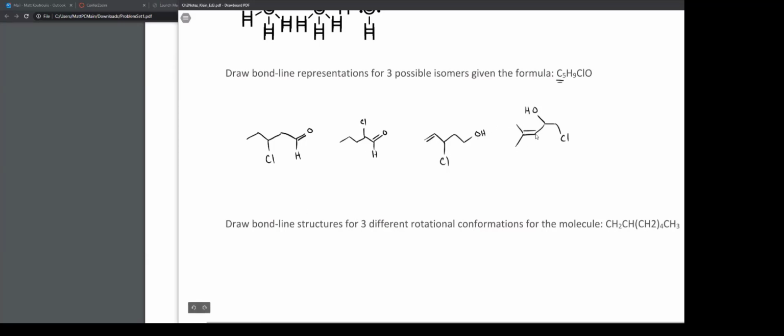1, 2, 3, 4. Oops. 1, 2, 3, 4, 5. Too many atoms. How about this? That works. 1, 2, 3, 4. No, still doesn't work. I keep drawing an extra carbon. There we go. That works.